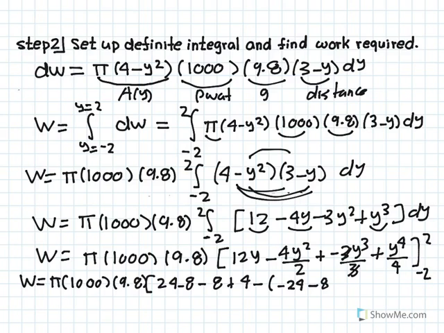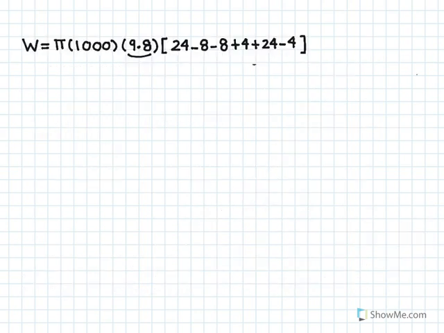And minus 2 cubed is minus 8, times minus is plus 8. And we get minus 2 to the 4th, that's plus 16 over 4 is 4. If we simplify all of this, we're going to get pi times 1,000 times 9.8 times (24 minus 8 plus 4 plus 24 minus 4). And all of this works out to 32.